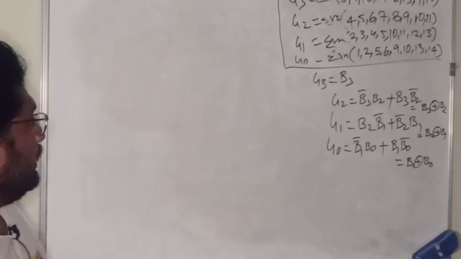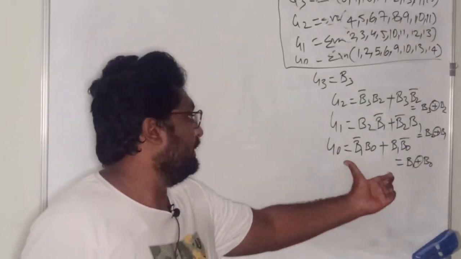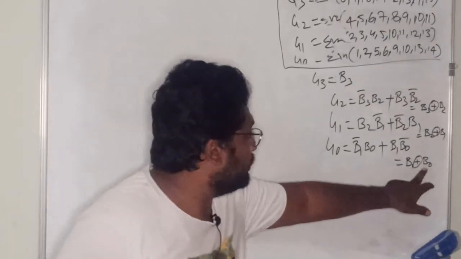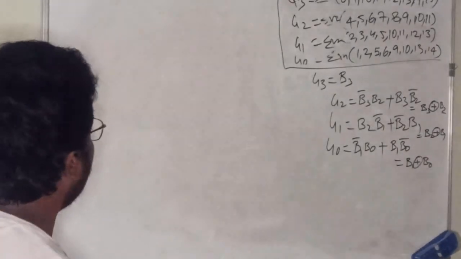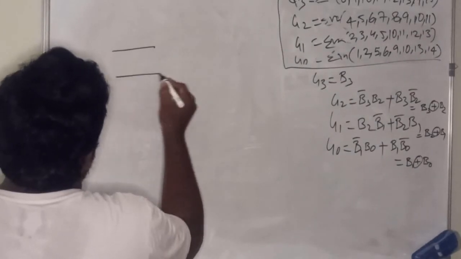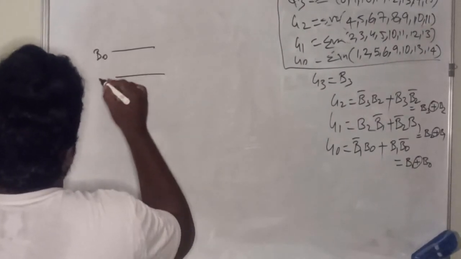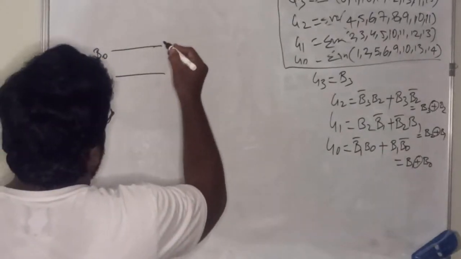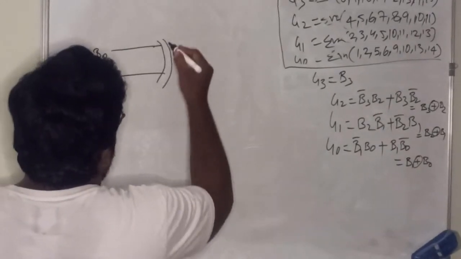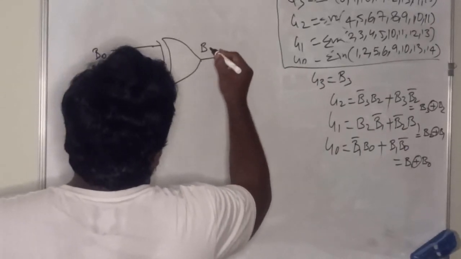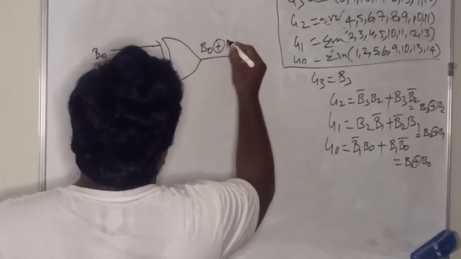So here, for G0 I am having two inputs B0 and B1. These two are performing the XOR operation. So this is B0 XOR B1.